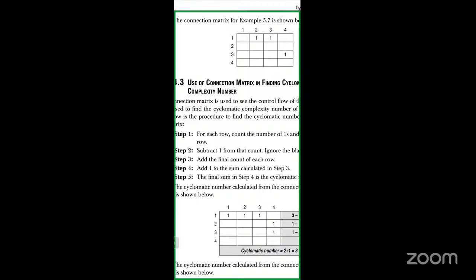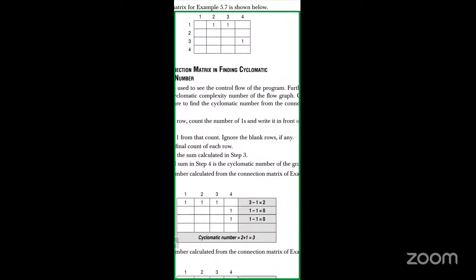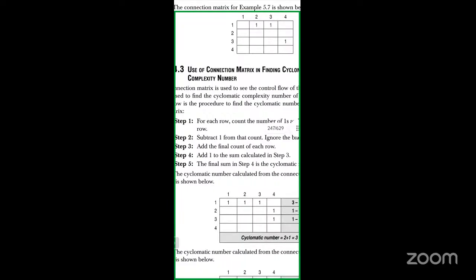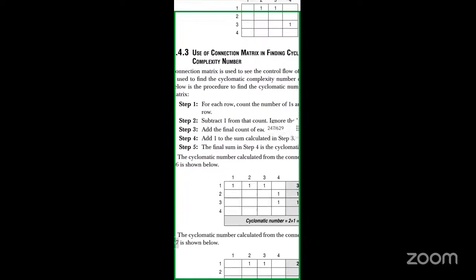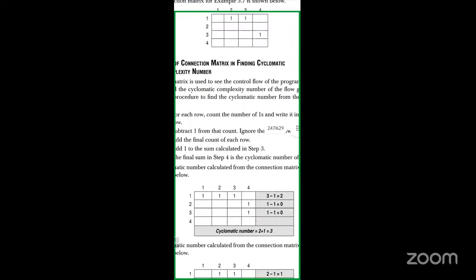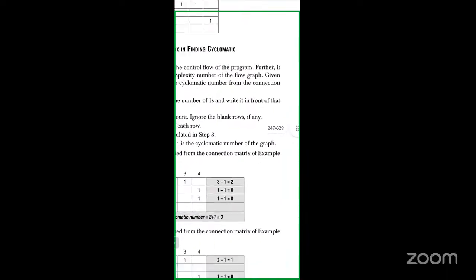Then add the final count of each row, that is the total count of values, then add 1 to the sum. Here we are having 2 plus 0 plus 0, that is 2, plus 1 you have to add, then we are going to get 3. The final sum in step 4 is the cyclomatic number of the given graph.